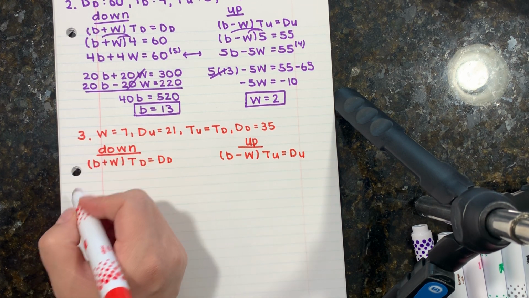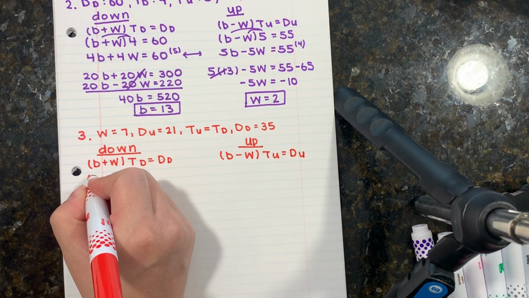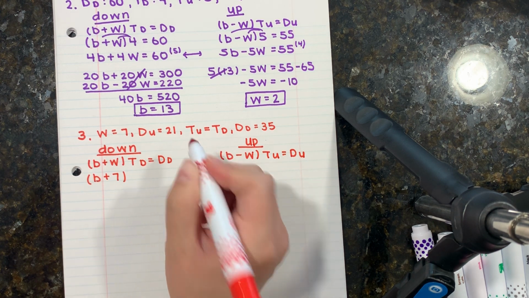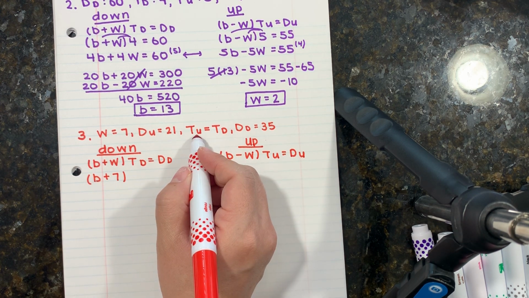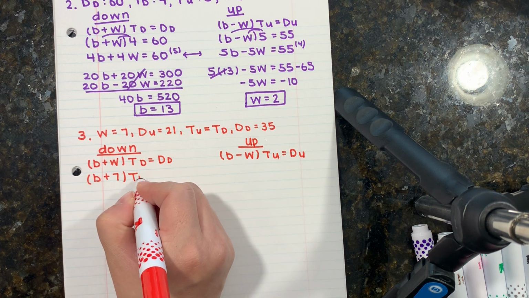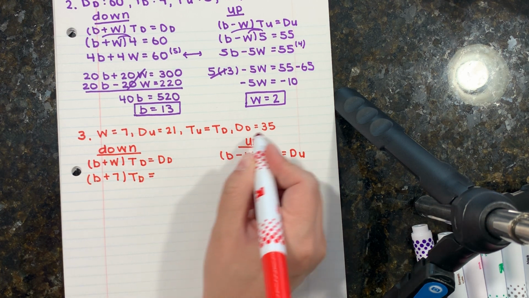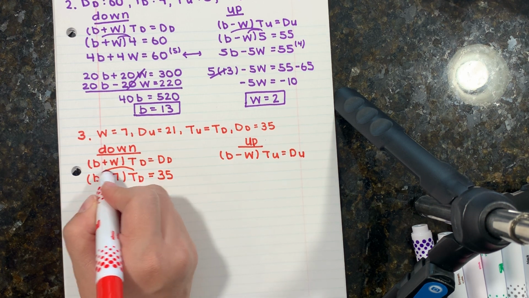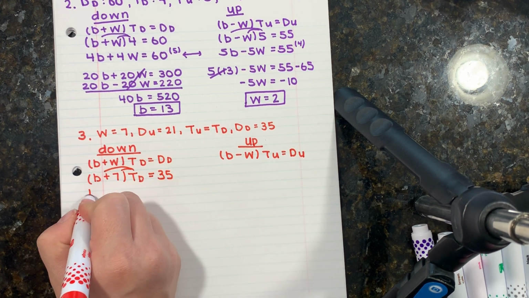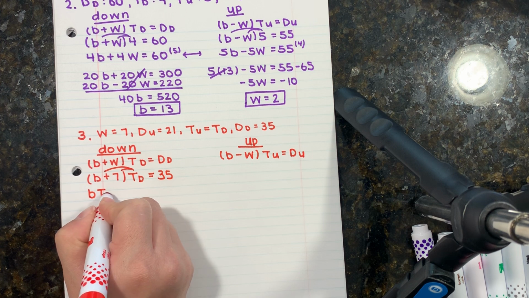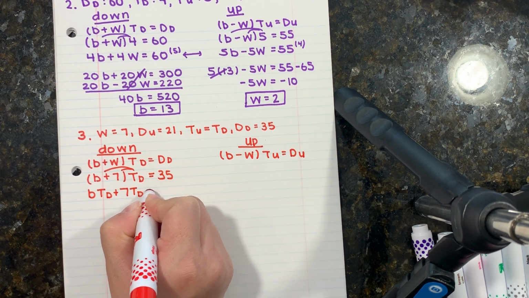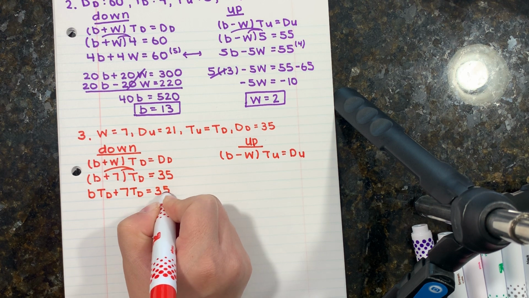Now I'm going to plug in what I have. I know that the speed of the current is 7. My time down is equal to the time up, but I'm only going to change my TU to TD. So I'm going to leave TD the same. And my DD is 35. Now you want to distribute this TD. So that would give me BTD plus 7TD equals 35.